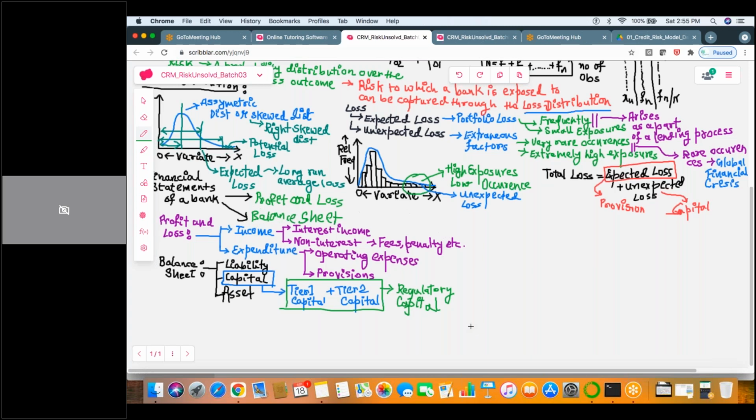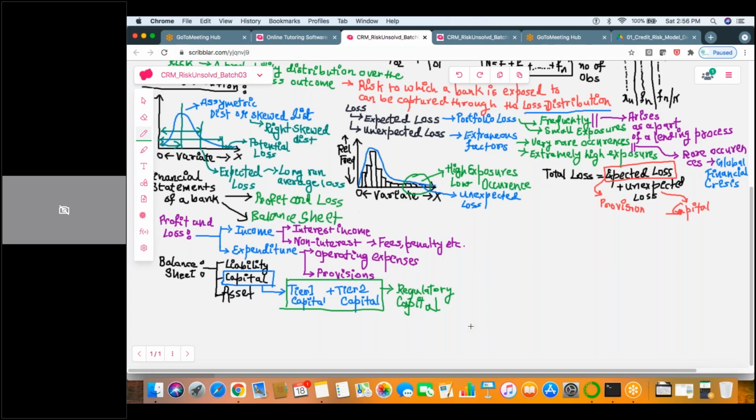As we move forward, we will see what are the key components of tier one and tier two capital. But for the time being, let us try to understand why this capital is important. One thing that we said is that the unexpected losses are absorbed by the bank's capital, and that capital comes from the balance sheet. So there has to be some relationship between the profit and loss statement and the balance sheet.